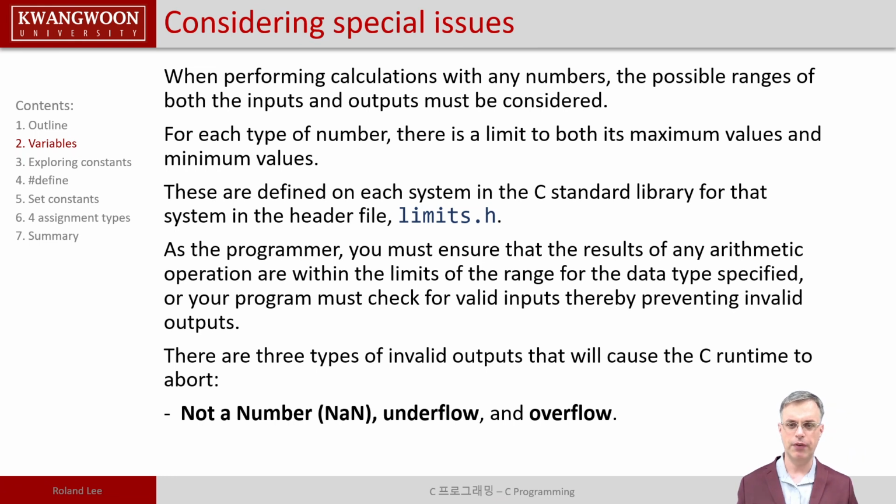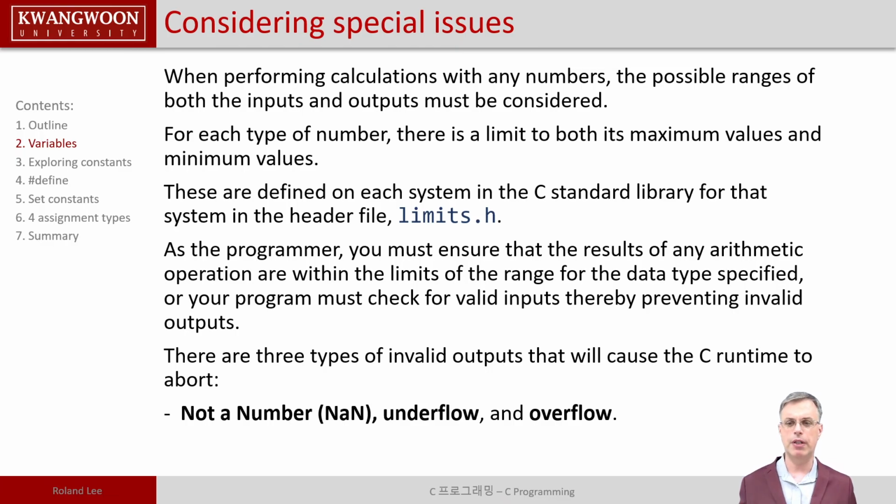with any numbers, the possible ranges of both the inputs and outputs must be considered for each type of number. There is a limit to both its maximum values and minimum values. These are defined on each system in the C standard library for that system in the header file limits.h.